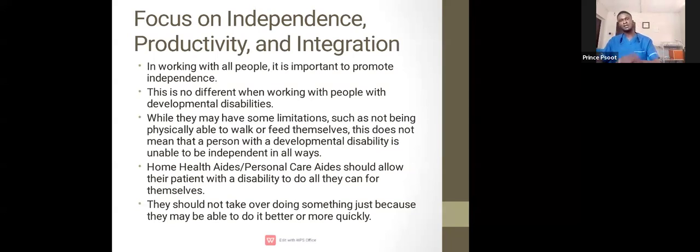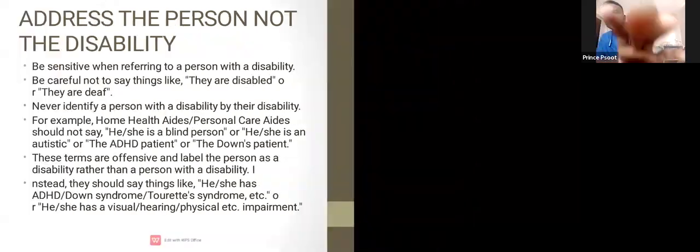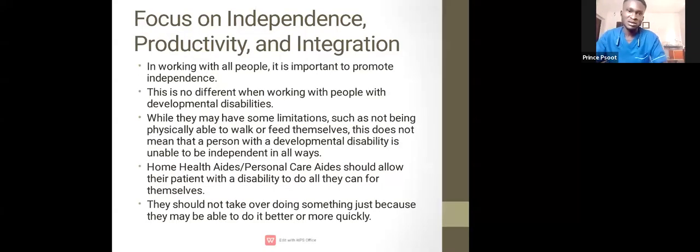Then again, aside from not addressing the person by their disability, we also focus on independence, productivity, and integration. As home health aides, we focus on independence. We are trying to help this person to gain independence as much as possible.